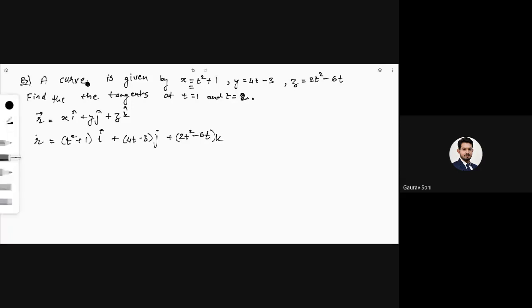This is your r bar. Now we know that the tangent is nothing but dr bar by dt, so I want to differentiate this with respect to t. We know that the derivative separates over addition. So that will be d by dt of t square plus 1 i bar, plus d by dt of 4t minus 3 j, plus d by dt of 2t square minus 6t k.